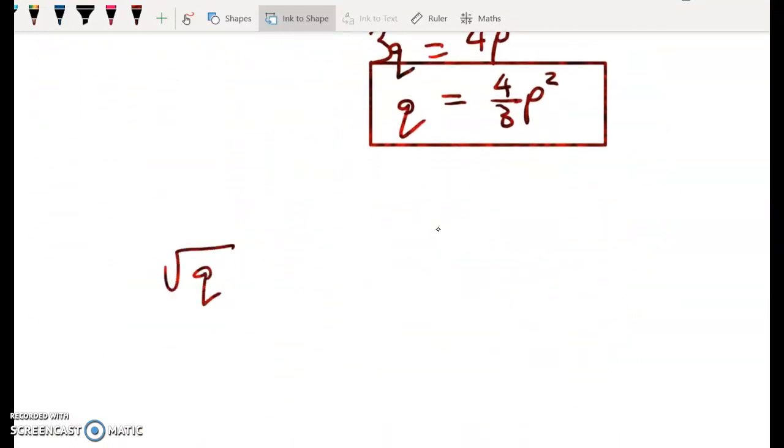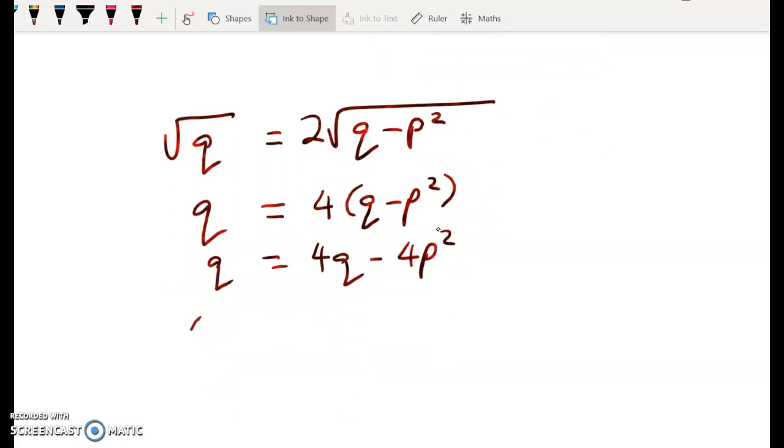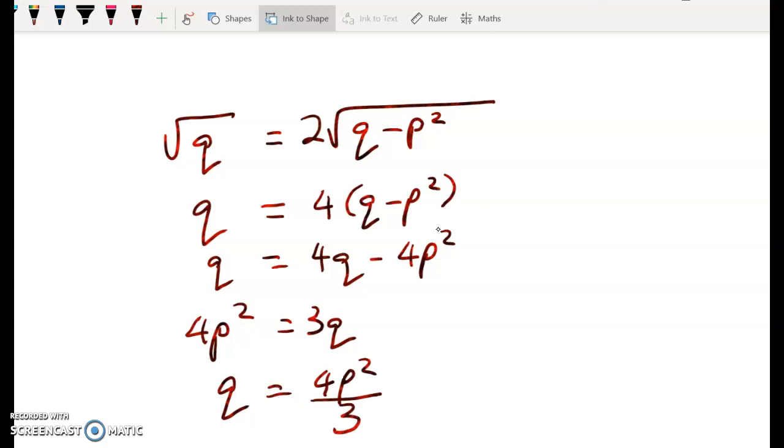So root Q is equal to 2 times root Q minus P squared. Squaring both sides gives me Q equals 4 times Q minus P squared. Q equals 4Q minus 4P squared. So 4P squared is equal to 3Q. Q is equal to 4P squared on 3.